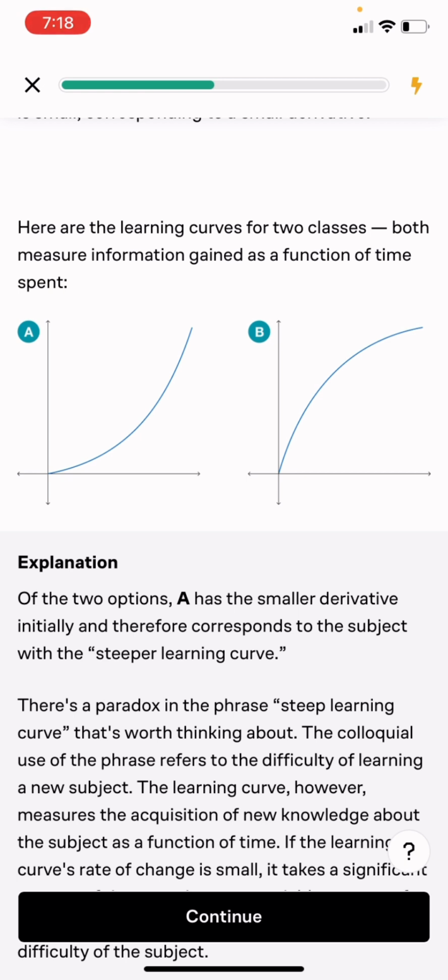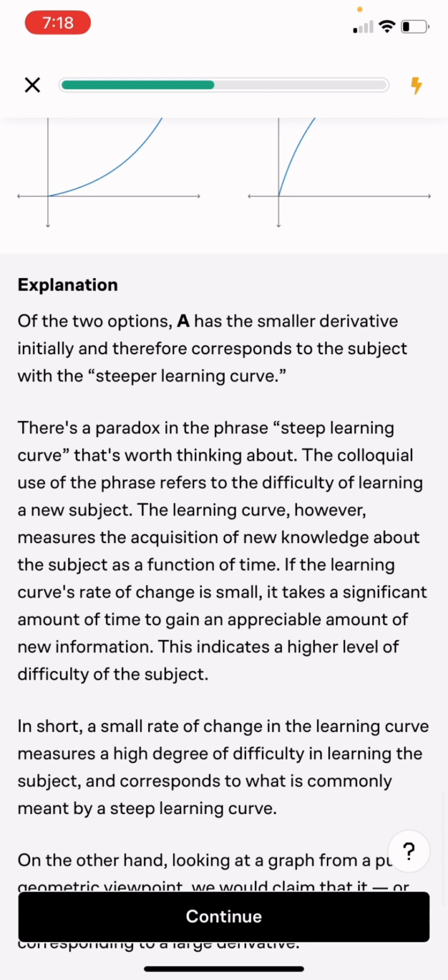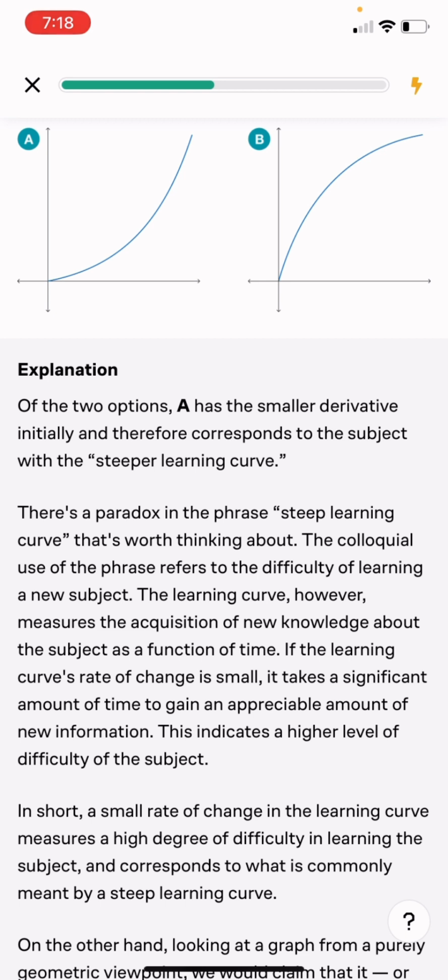If the learning curve's rate of change is small, it takes a significant amount of time to gain an appreciable amount of new information. This indicates a higher level of difficulty. In short, a small rate of change in the learning curve measures a high degree of difficulty in learning the subject and corresponds to what is commonly meant by a steep learning curve.